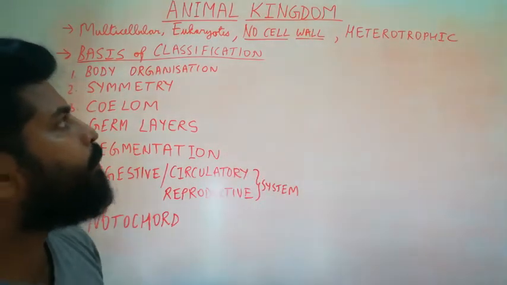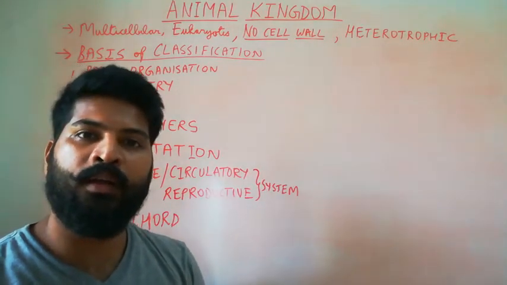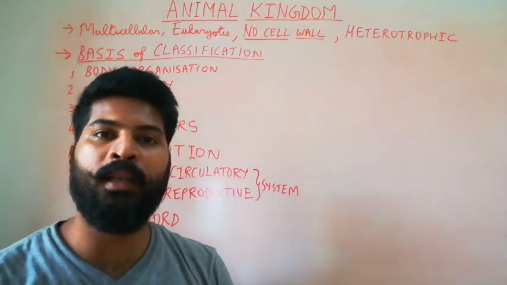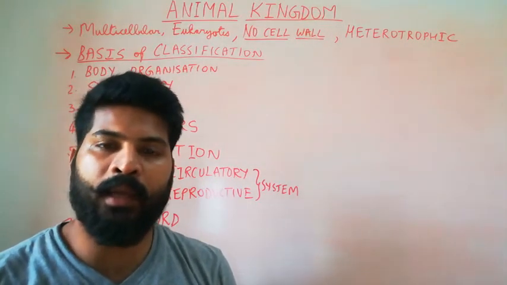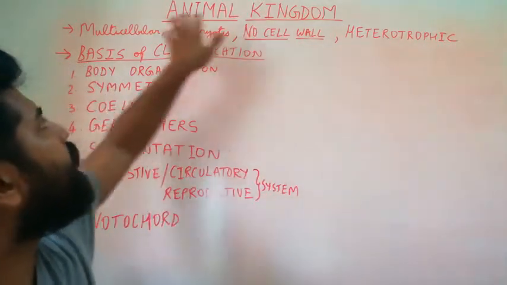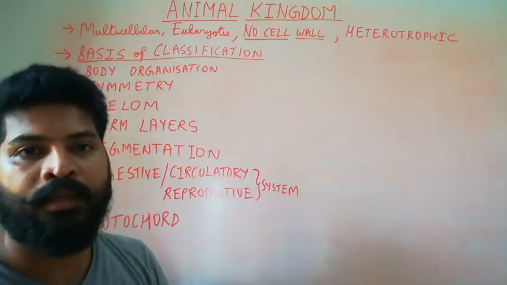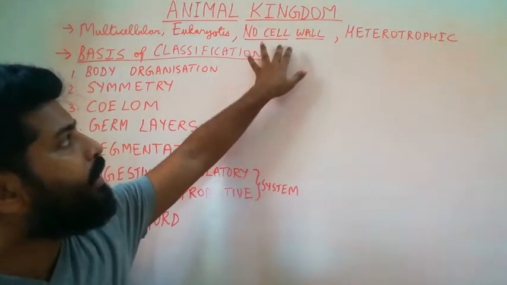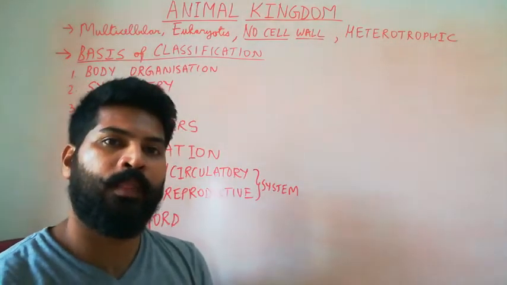The fifth kingdom, according to Robert Whittaker's system of classification, is animal kingdom, which is predominantly characterized by organisms which are multicellular. These are of course eukaryotic and they do not have a cell wall.